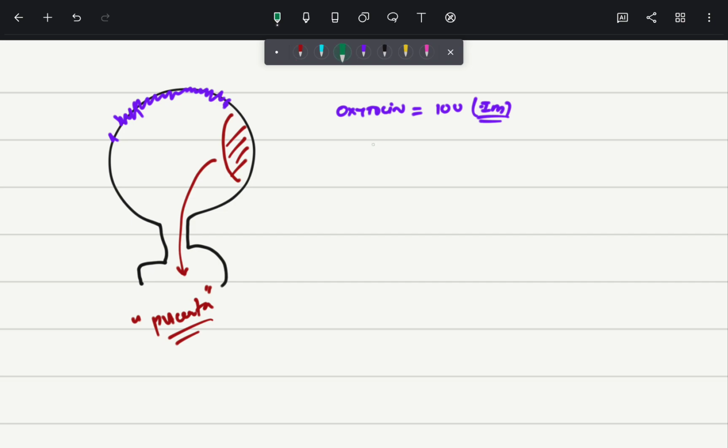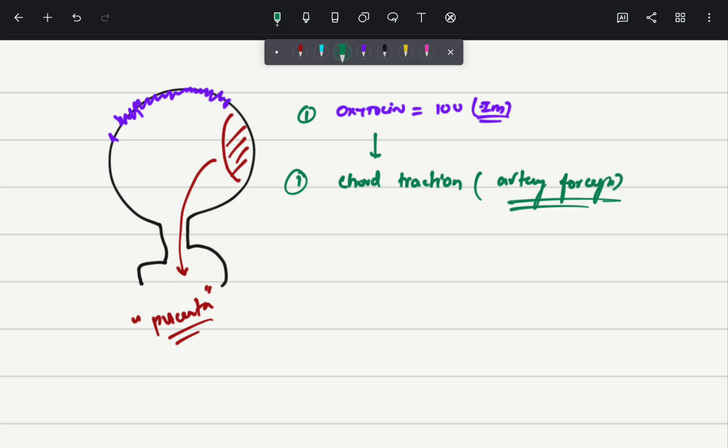And not only that, the first thing is we give oxytocin. Now the second thing is we do a cord traction. Now what is this cord traction? We usually take the artery forceps, or the forceps.